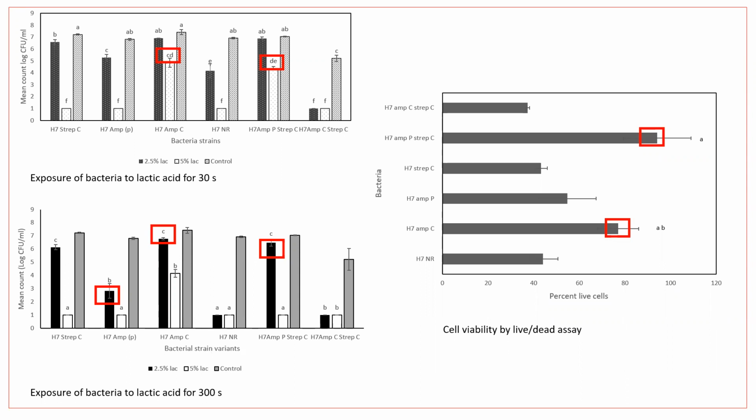And we found that two of the strains, again, the one with resistance to ampicillin and streptomycin, seemed to do better when exposed to 2.5% lactic acid and 5% lactic acid. The same thing we saw, the same results, we saw with the cell viability assay, the live dead assay.